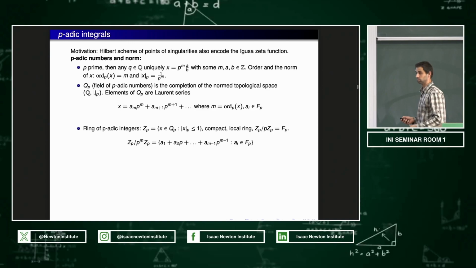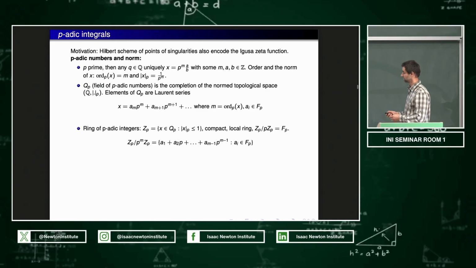But down like a simple, at least for me as a working mathematician, this means that the elements of Qp are just Laurent series in p, with coefficients in the field Fp, and this is actually a local field.